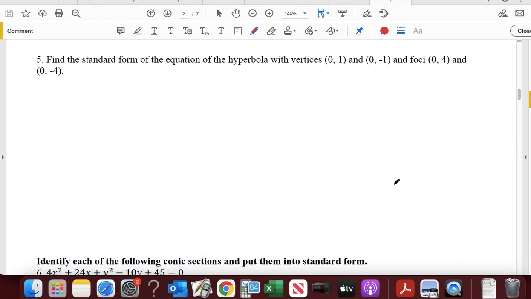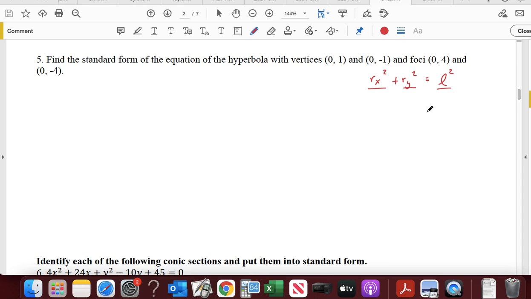The focus for a hyperbola is different in that the focal length for the hyperbola is always the greatest of Rx, Ry, and L. And they still have that Pythagorean relationship. So we know in an ellipse, it's Rx squared plus Ry squared equals L squared.